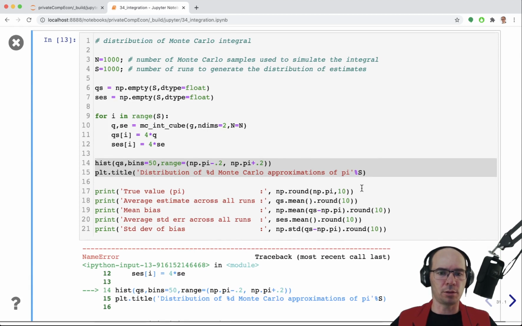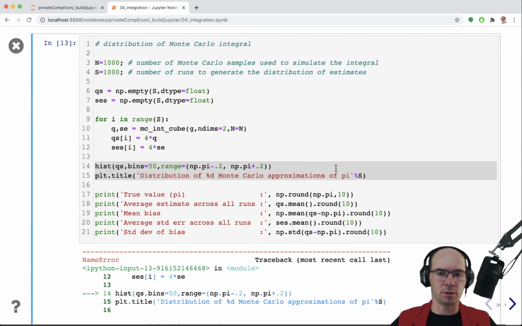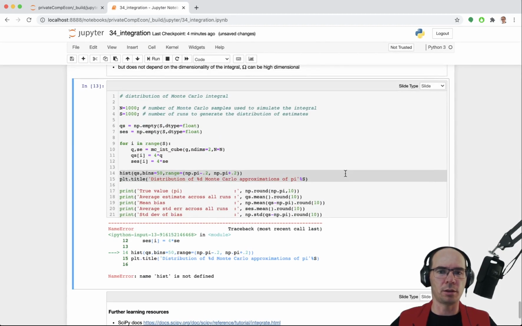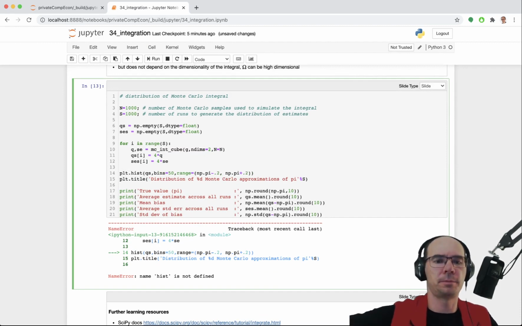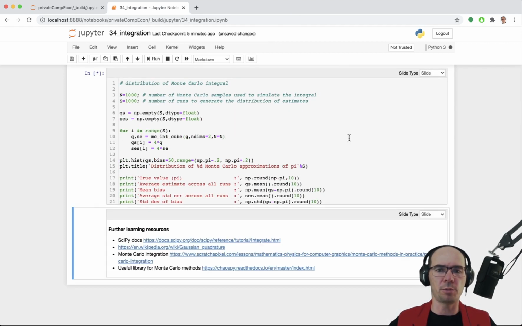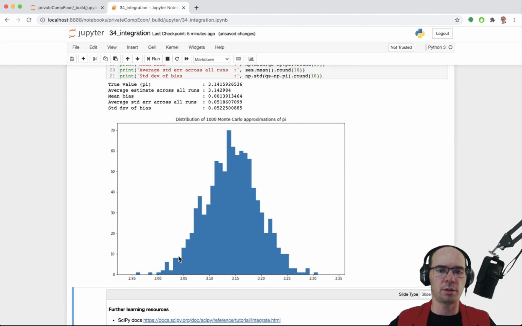And because we have asymptotic normality, we would expect to see something like a normal distribution here.